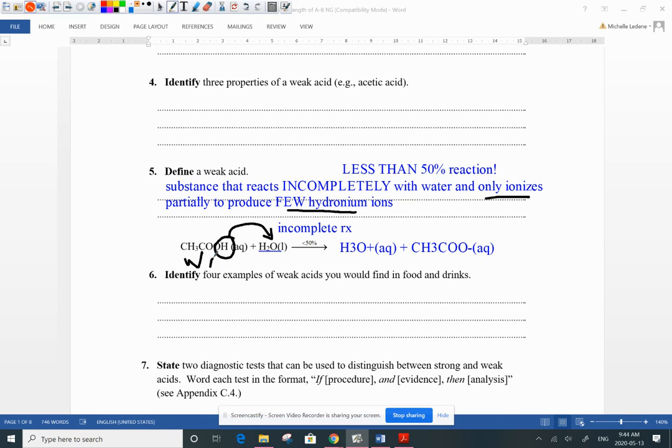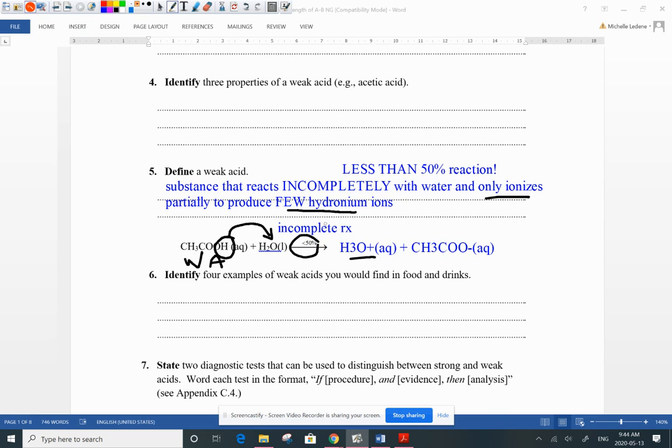We know this guy is a weak acid. So it's going to go and join onto the water, and it makes this protonated molecule we call the hydronium ion, but it's not a complete reaction. It's way less than 50%. And that explains why we see things like less conductivity and the pH closer to 7, right?